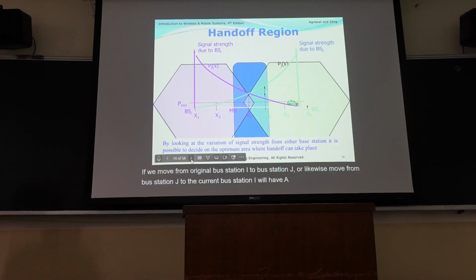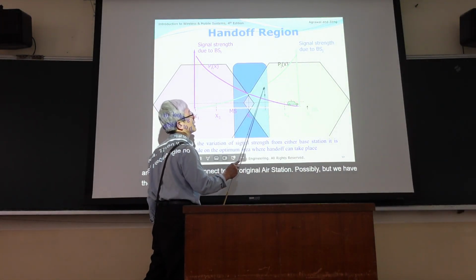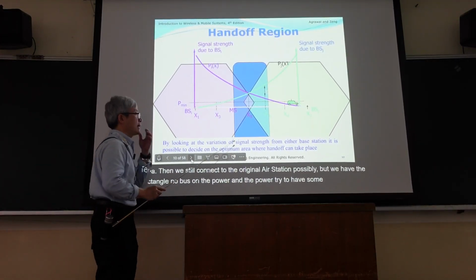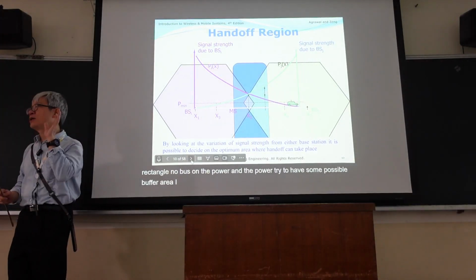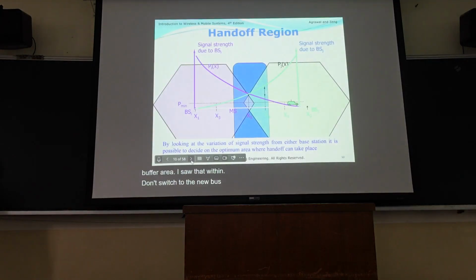Within the buffer, we still connect to the original base station. We have the threshold based on the power, and the power has some possible buffer area, so that within the buffer area, we don't switch to the new base station immediately.